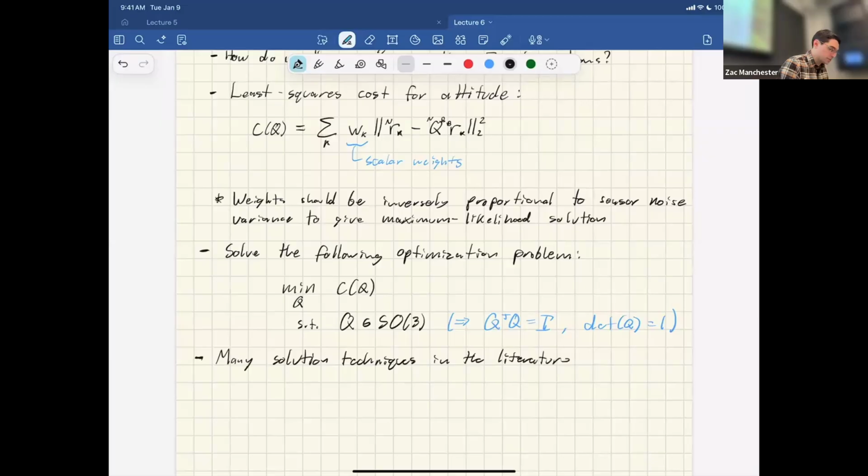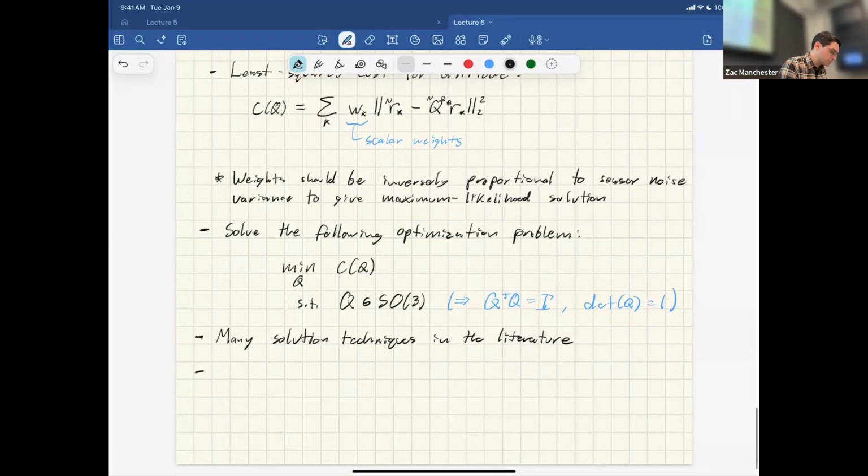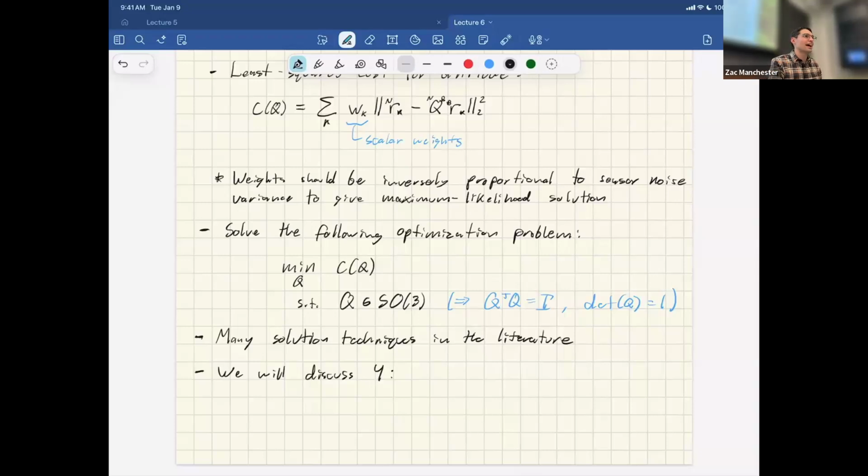So there's a bunch of ways to solve this, and we're going to talk about four specifically for various reasons. The reason is that, as originally formulated here, it's a weird problem: it's nonlinear, non-convex, and so on. So at face value, it's not an easy problem.